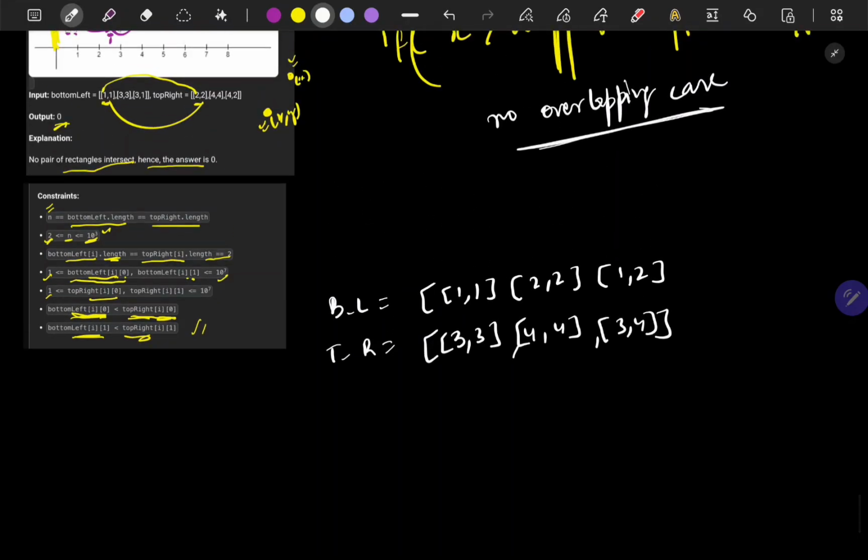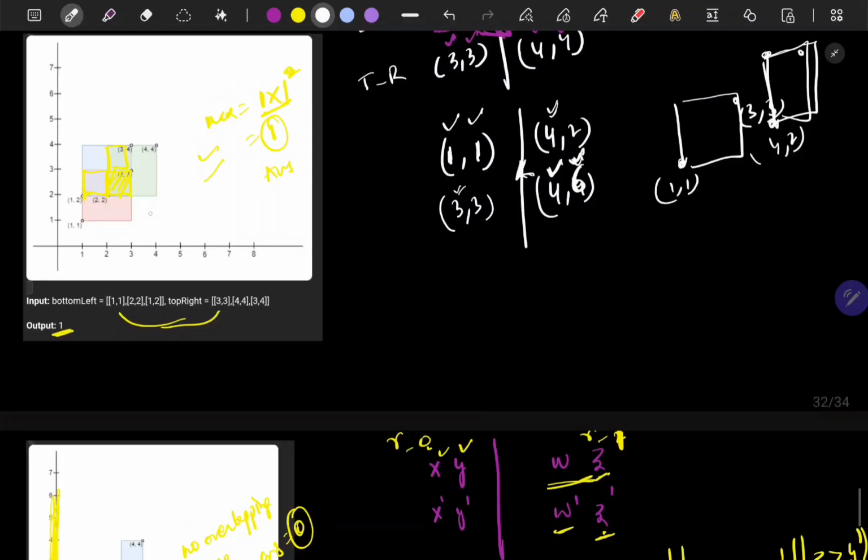Okay, so we know from here that all three are in between, they are overlapping.